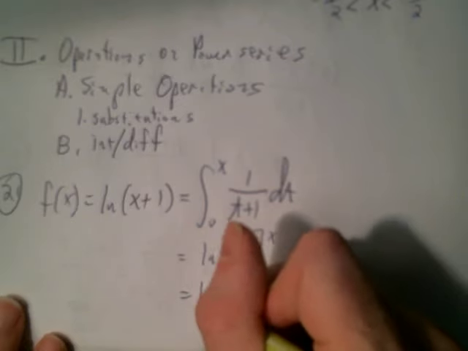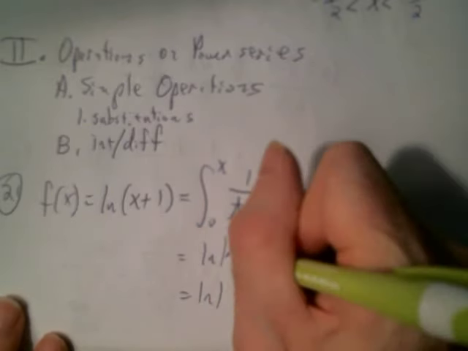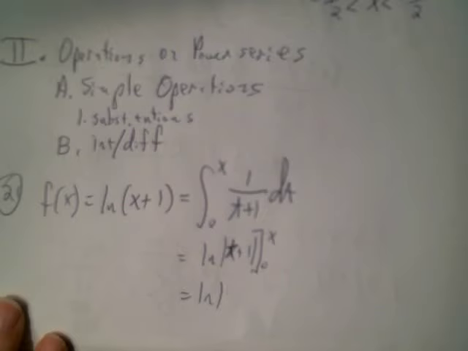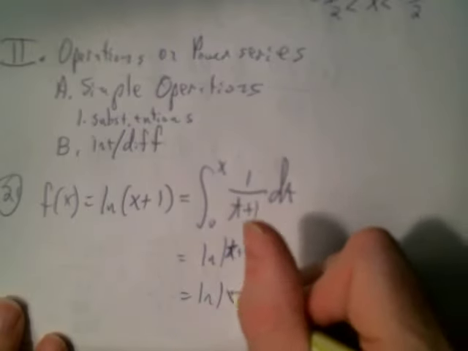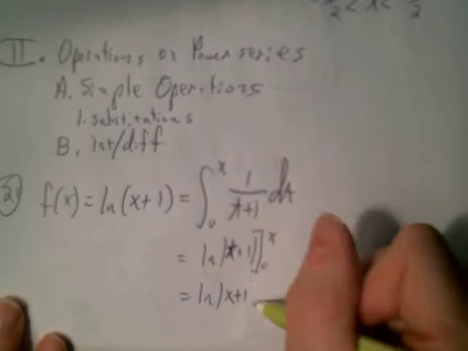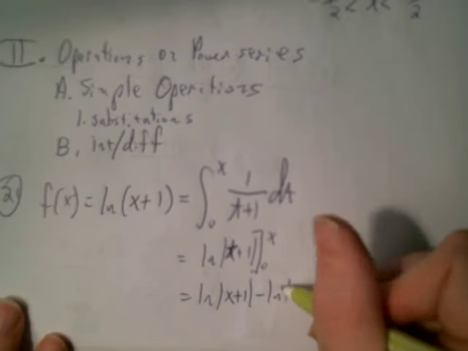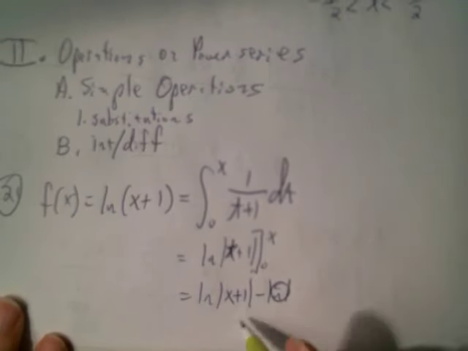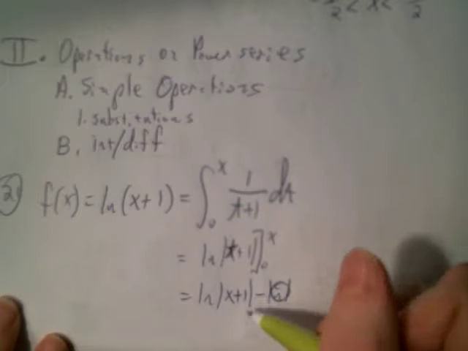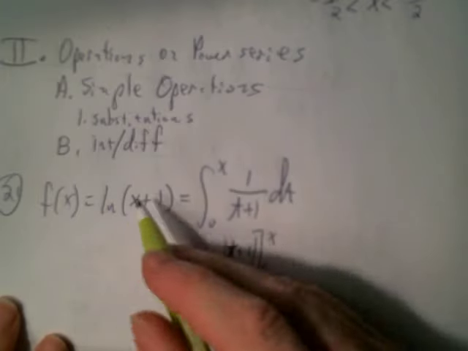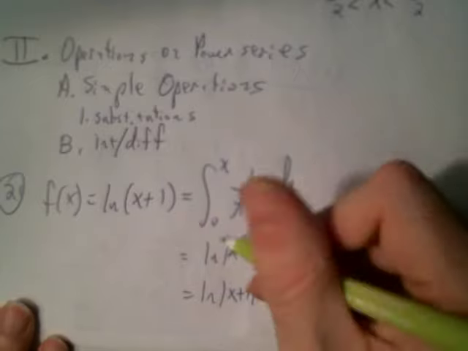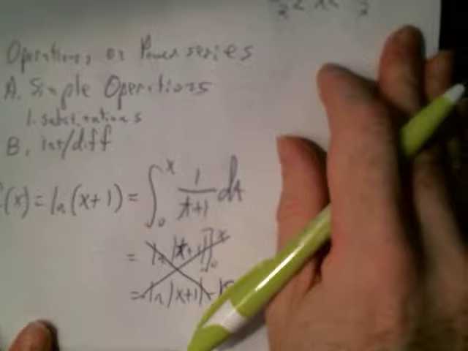So the ln of x plus 1 when I substitute x in for t, minus the ln of 1, which will be a big 0. So ln of x plus 1, yeah, there's maybe an issue with the absolute values, but I bet in the book it says x is positive. Okay. So hopefully you can see that this has some truth to it. If you're not completely sold, at least it's kind of all right.